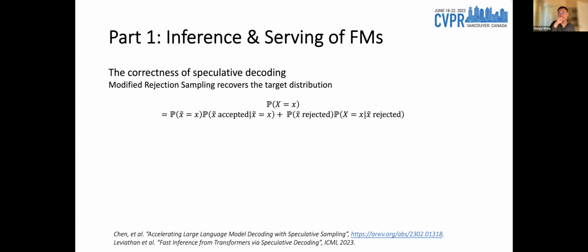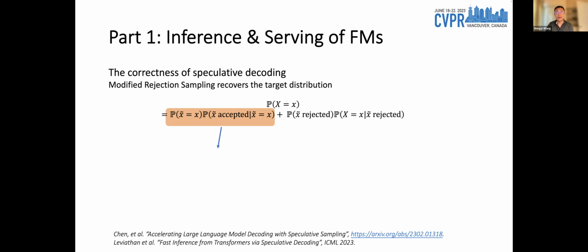Then why are we using those probabilities? It's straightforward, because what we want here is a hybrid decoding framework that generates a sequence exactly as the large model would, let's say GPT-4. So how do we calculate the probability? There are 2 probabilities. One is that we use the small model to generate a token, and the token is accepted by the large model.